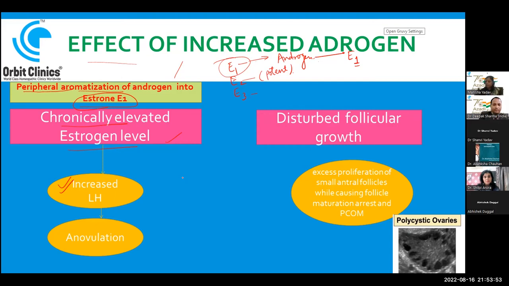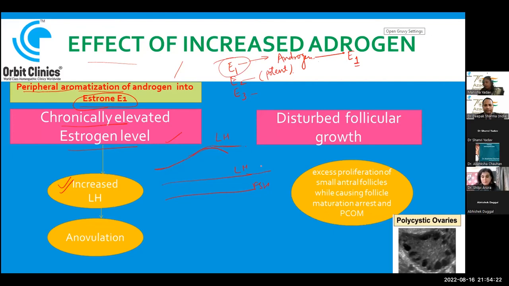So in the body, there is a continuously increased level of LH. You can say LH is continuously increased. If it is the LH level and if it is the FSH level, this level is chronically increased. They are always in a state of increased level in the blood.